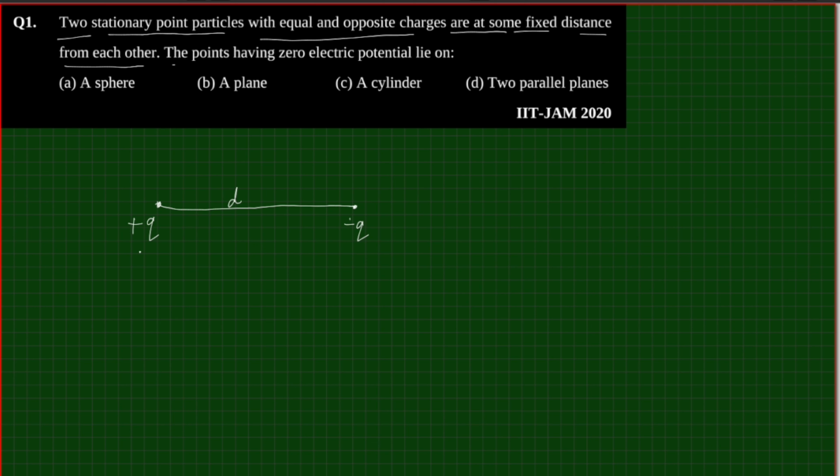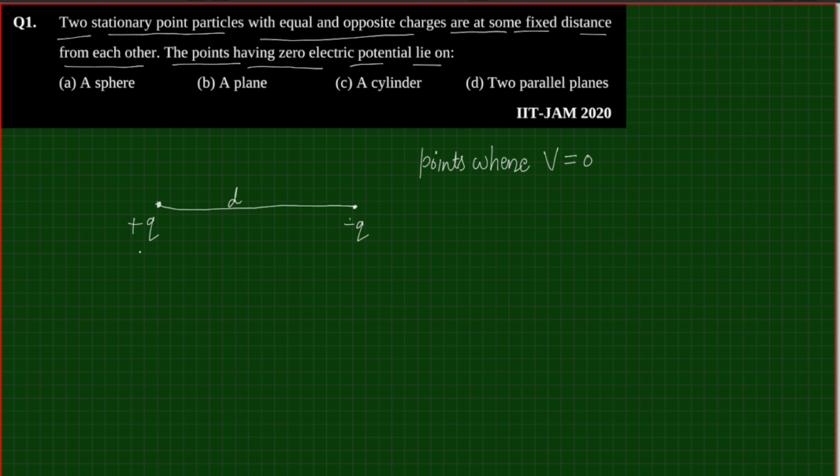And further, points having zero electric potential lie on... So the points where potential is zero.